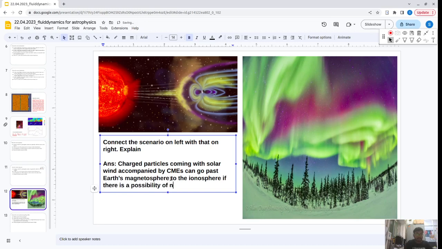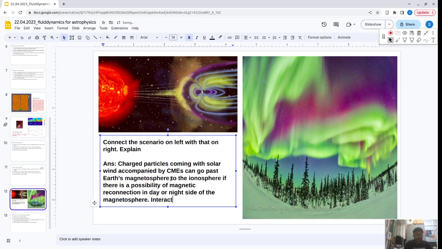of magnetic reconnection in the day or night side of the magnetosphere.